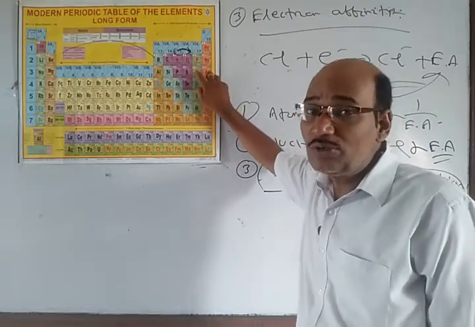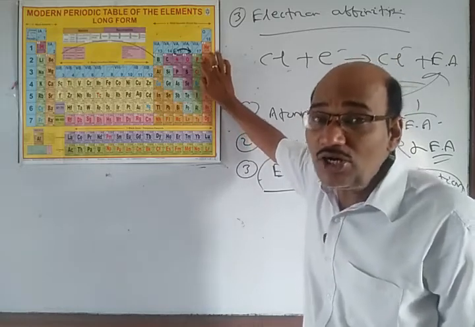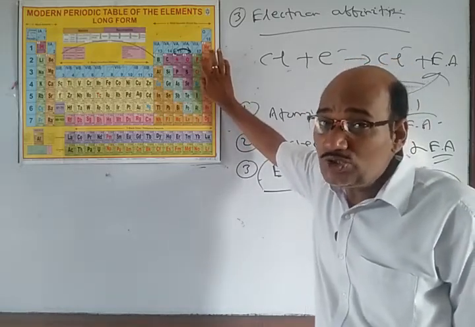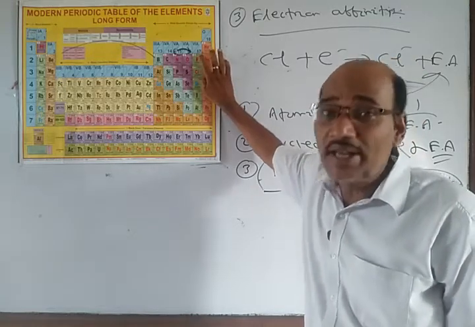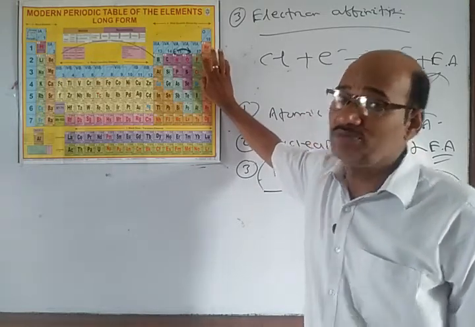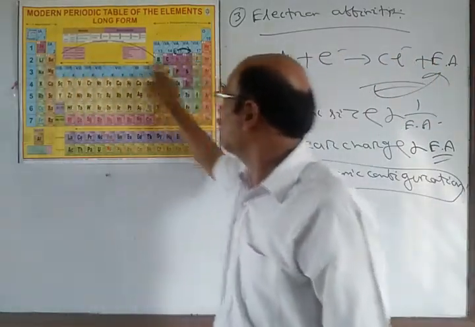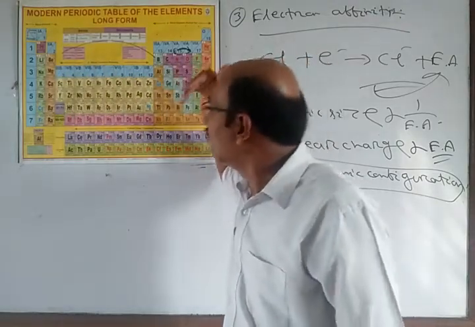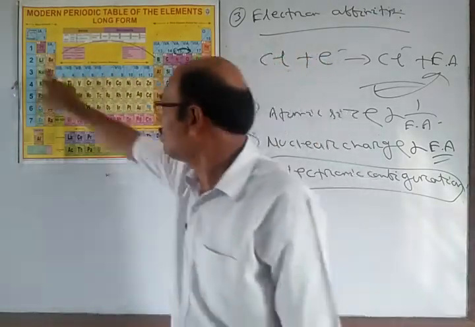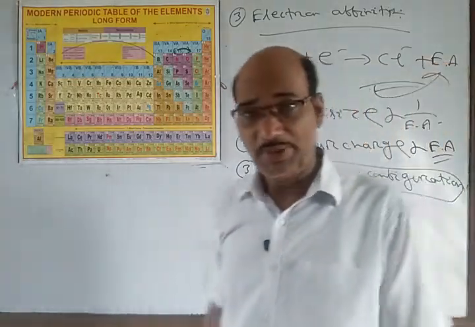Why? Due to its compact size, repulsion occurs between the electrons already present and the electron we are going to add. Hence, less energy is released. This concept is applicable to the entire period. All the elements of period 2 have less electron affinity as compared to period 3. Right? So this is about electron affinity.